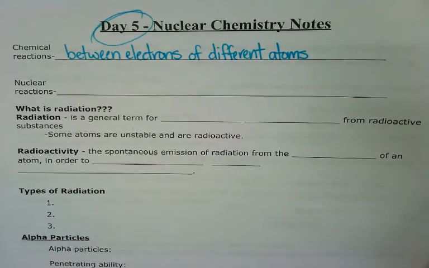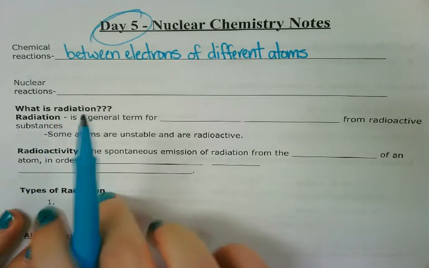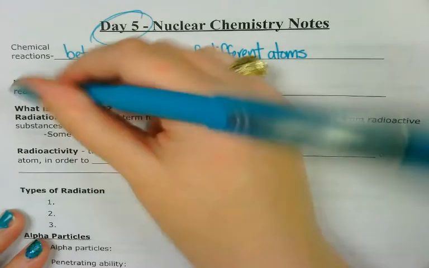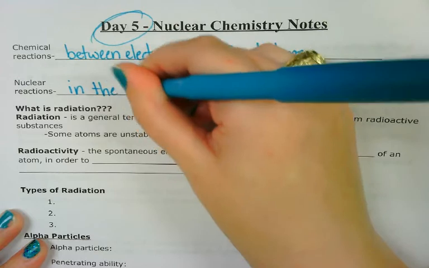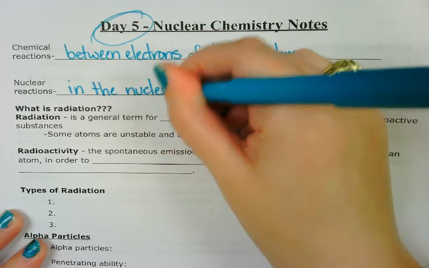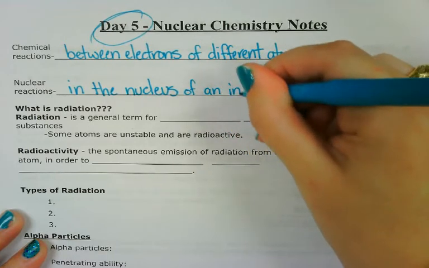So it's two separate atoms reacting together, whereas a nuclear reaction is in the nucleus of an atom. So we're going to say in the nucleus of an individual atom.